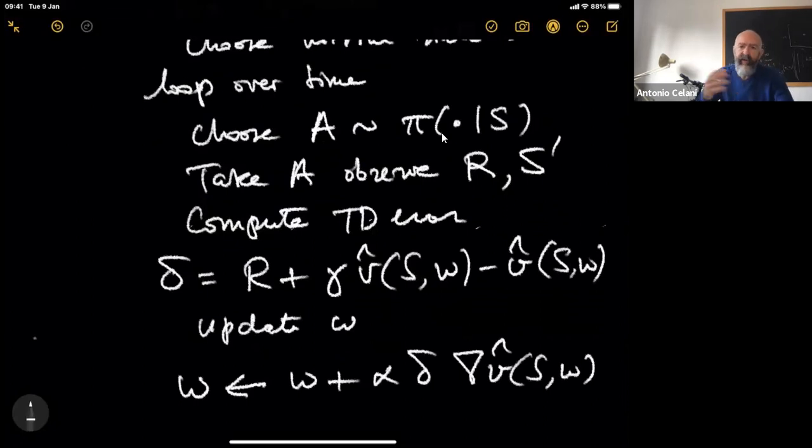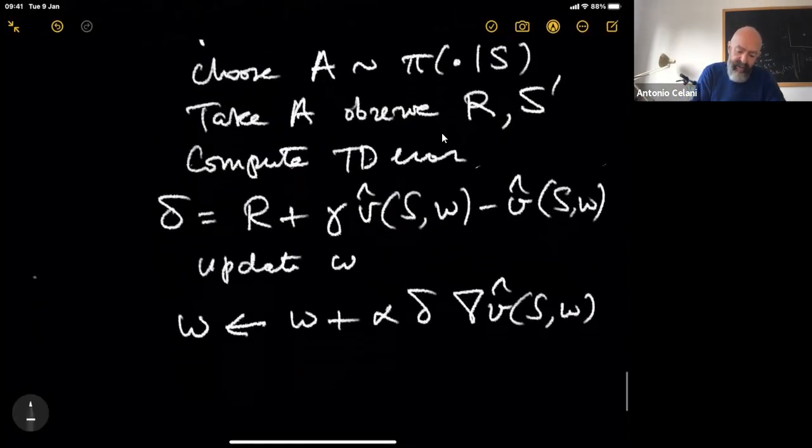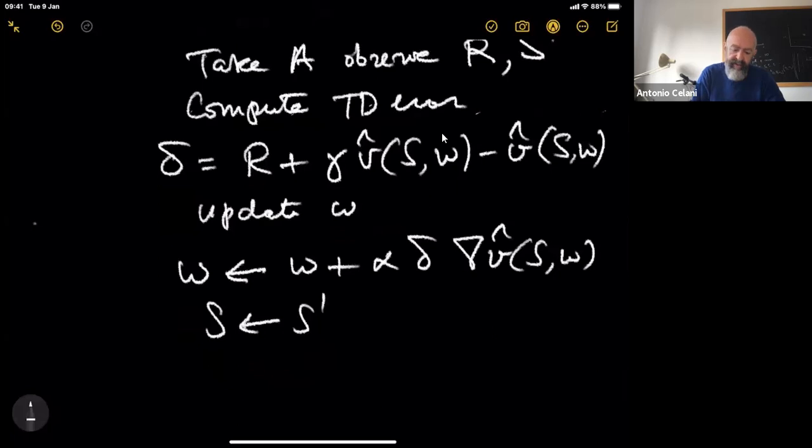Okay, this is valid for all parameters simultaneously. Then you set your new state into your old state, and then you close the loops.